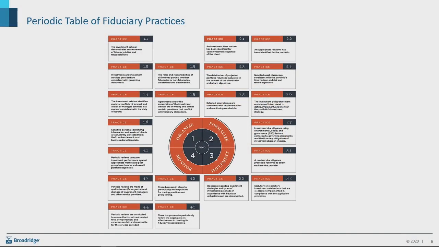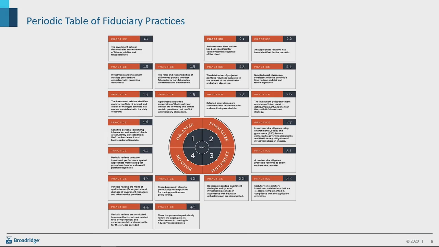So from those prudent or global fiduciary precepts, we developed 21 practices and 79 criteria that are organized in a four-step process that we call the fiduciary quality management process.